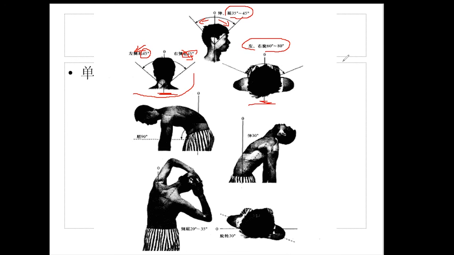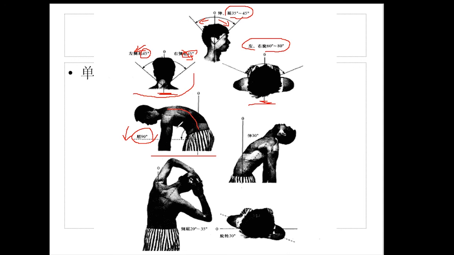We have three different kinds of movement: to the side, front and back, and then turning. Then when people are standing, for the chest and back area, we can bend forward about 90 degrees.